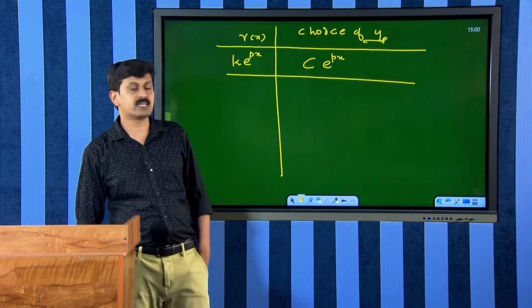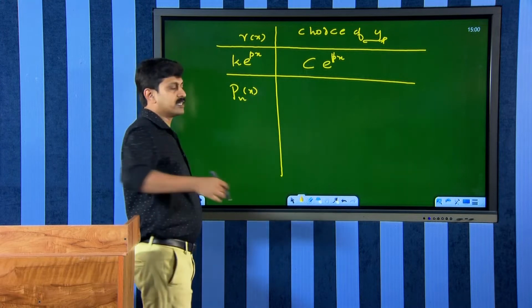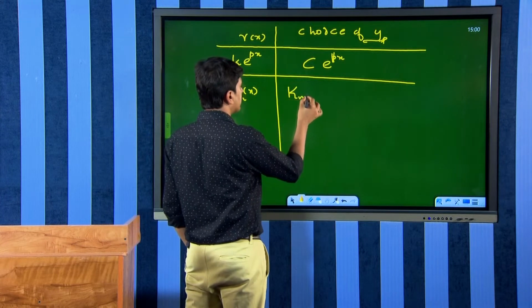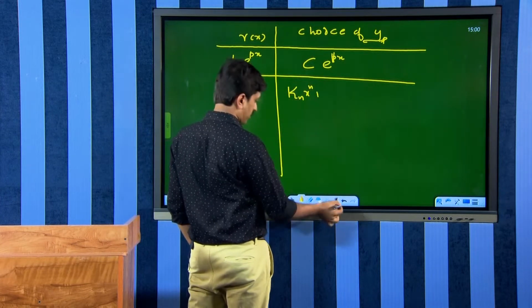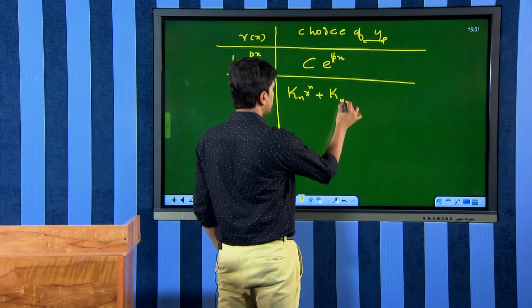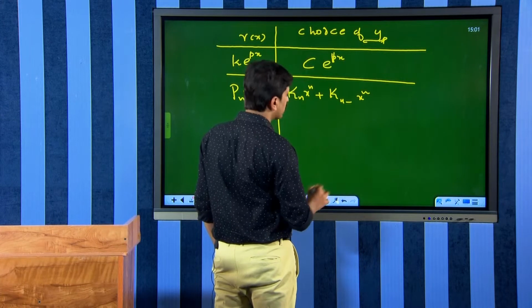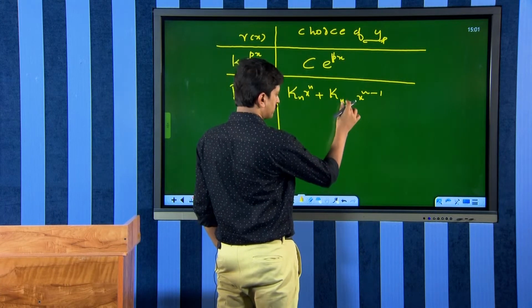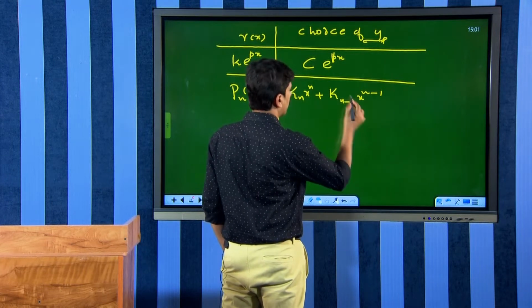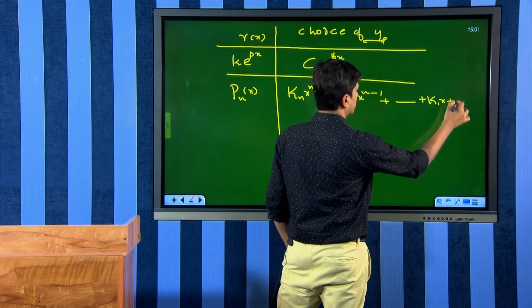Now, sometimes Pn of x is an nth degree polynomial. Then we can take yp as kn x raised to n plus kn minus 1 x raised to n minus 1 plus and so on, plus k1 x plus k0.